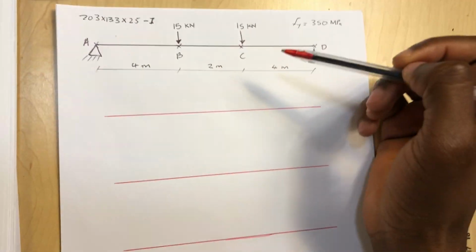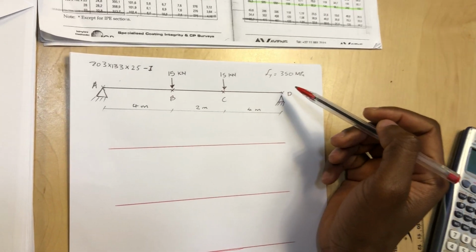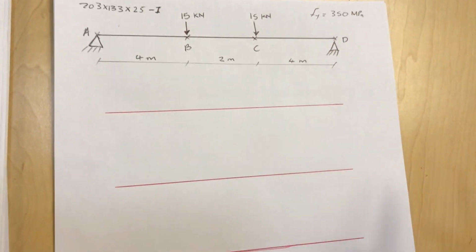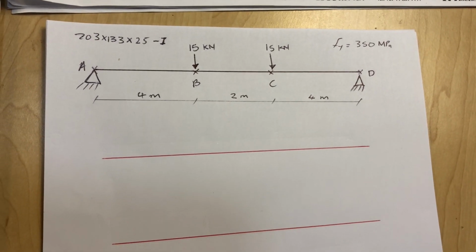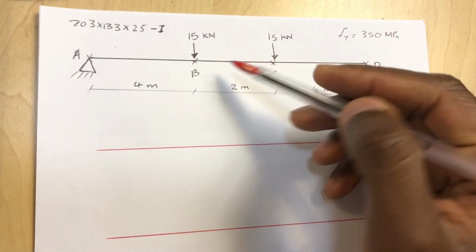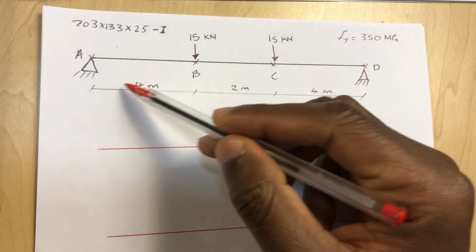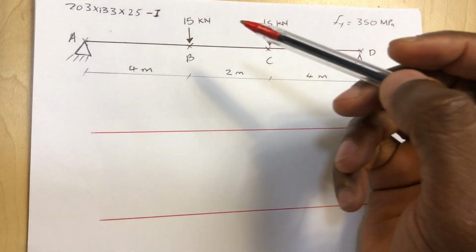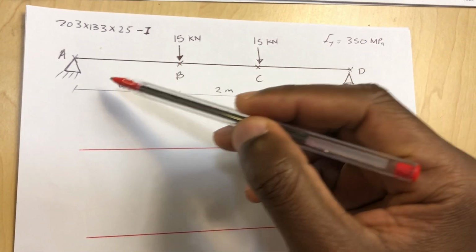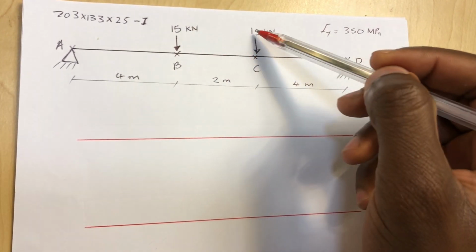So now you take your diagram. This is my simplified diagram. Now I'm going to find the reactions again. Again, this is symmetrically loaded. You can use sum of moments to find your reactions, but since it's symmetrically loaded, the reactions are equal.